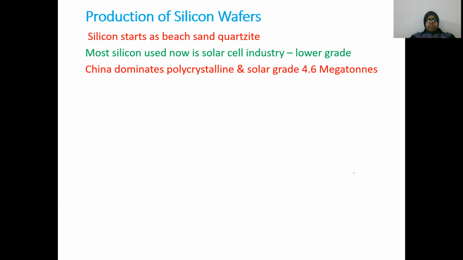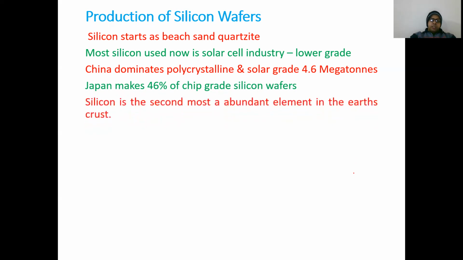China is dominating in polycrystalline solar grade, and its production is almost 4.6 megatons. And Japan makes 46% of the chip grade silicon wafers. So whatever we are using has a lot of contribution from these two countries as far as solar and ICs are concerned.